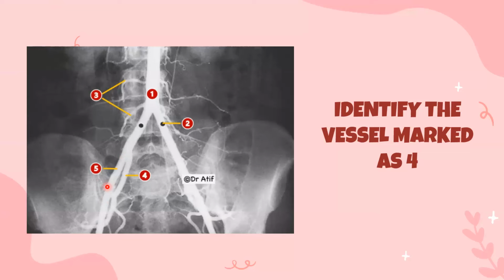I understand it looks like it's just one line continuing and giving a branch, but since I have a common iliac that splits, it is no longer common. It is now something that has divided. So the common iliac will split into the internal and the external, and you can see this one is going more towards the medial aspect. So this is the internal iliac. Okay, thank you. Of course.